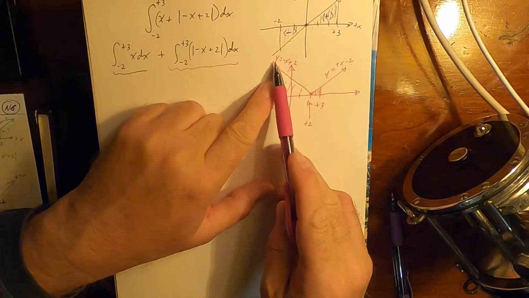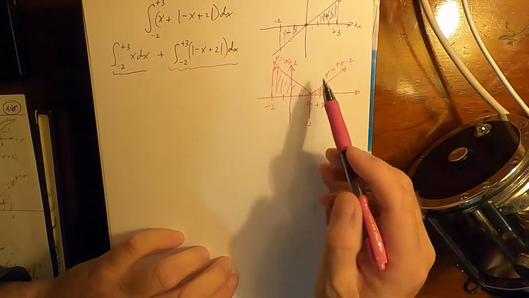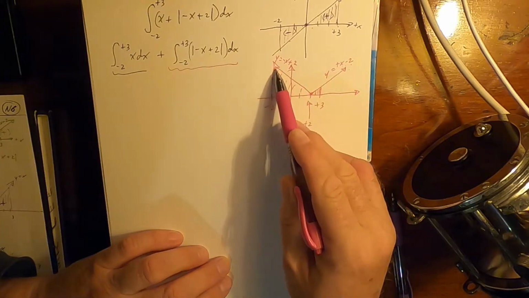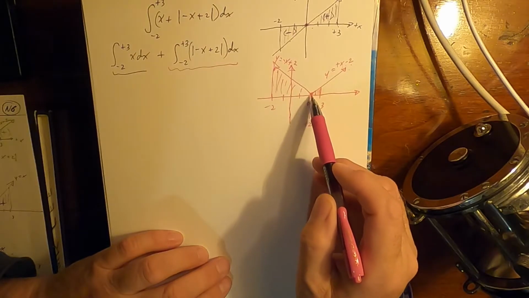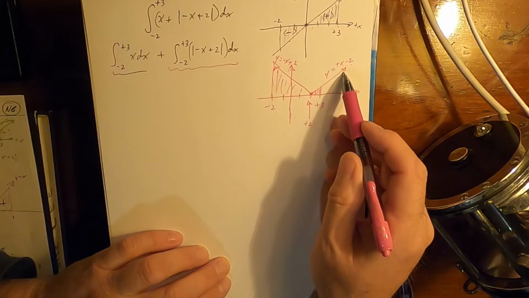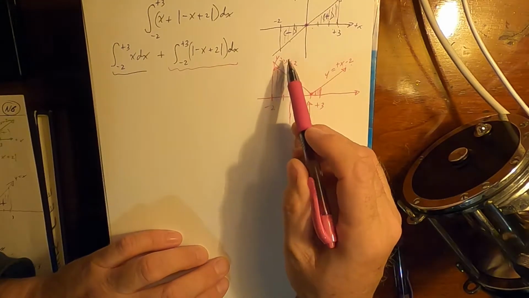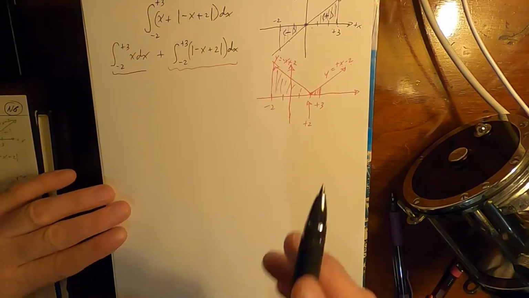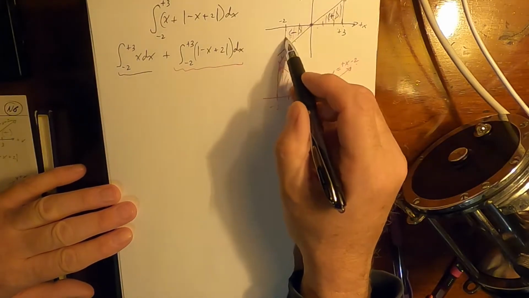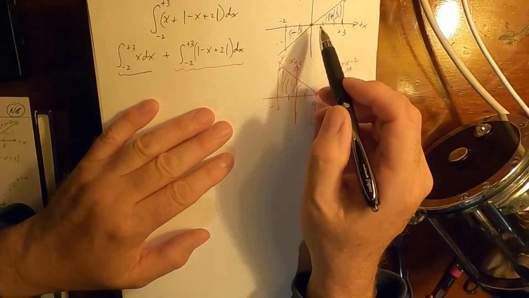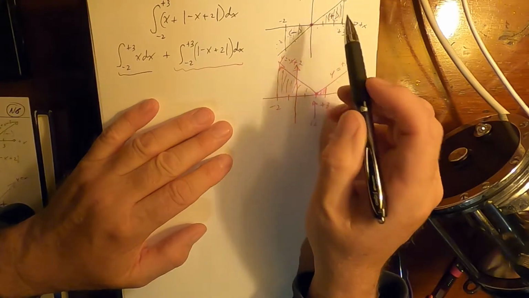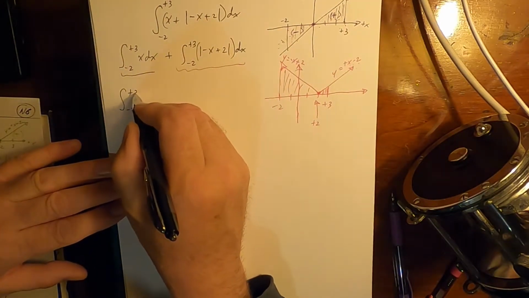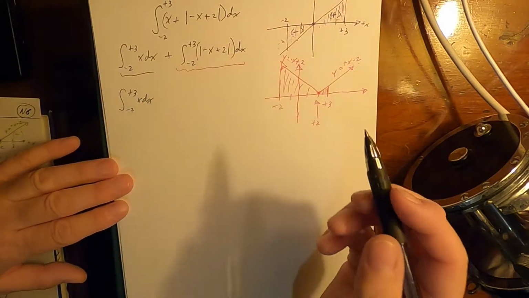This is an entirely different function than this function. It's not smooth and continuous; it kind of stops abruptly here and takes off again. So therefore, we have to break this integral up into two integrals. This one here is outside of the absolute value sign, so it gets handled as a normal integral. We're just going to leave that guy here, the integral from negative 2 to 3 of x dx.